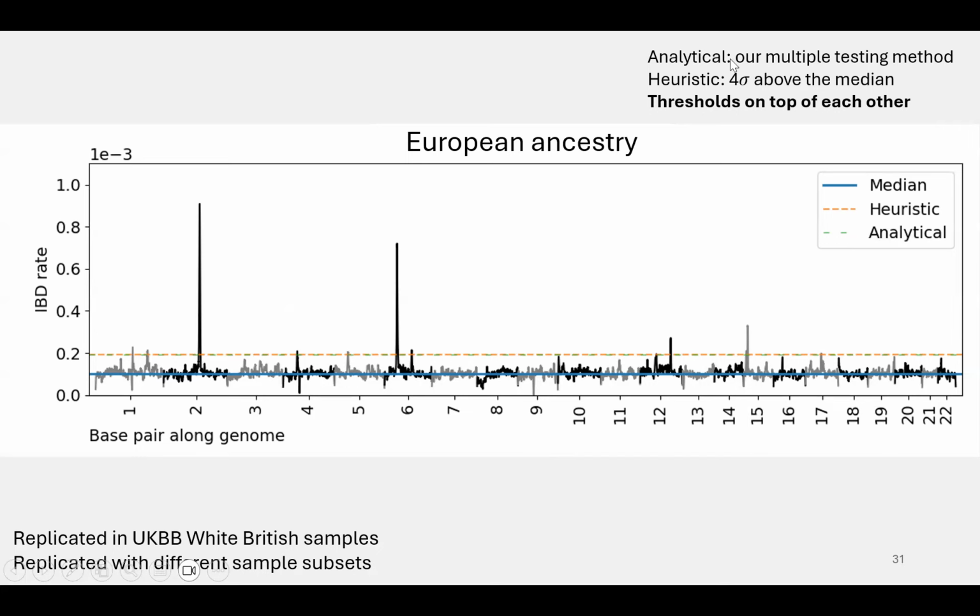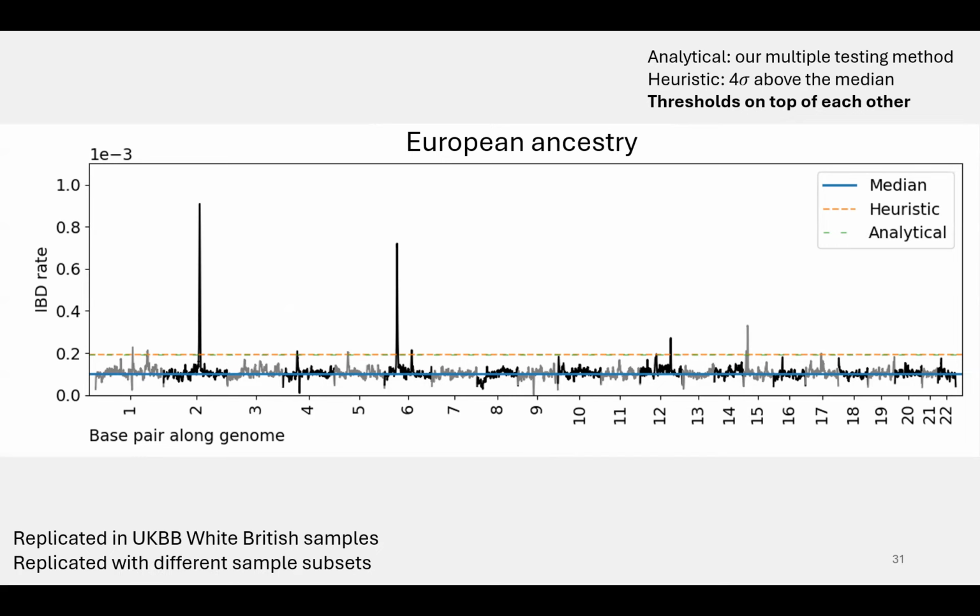The analytical method in the legend will be our multiple testing. The heuristic is the prior 4 standard deviations method. And in this scenario, we actually have this orange heuristic line and the green analytical line right on top of each other. So it's hard to distinguish the slight difference.